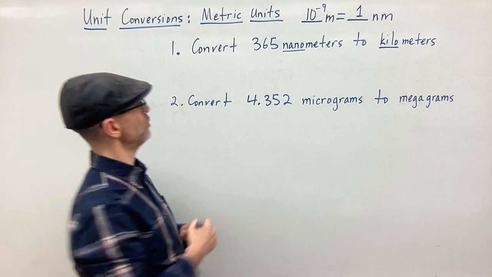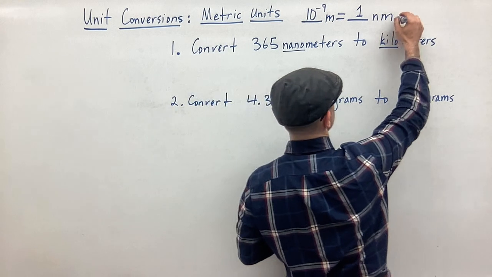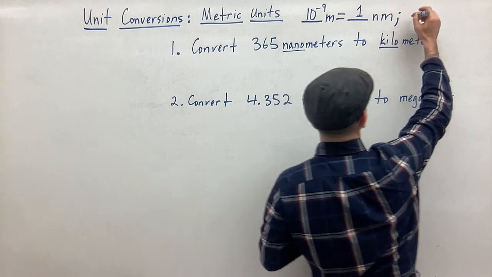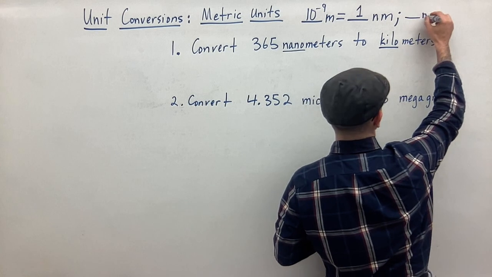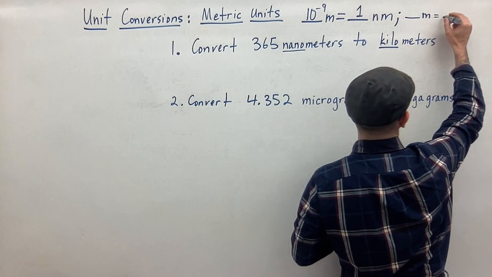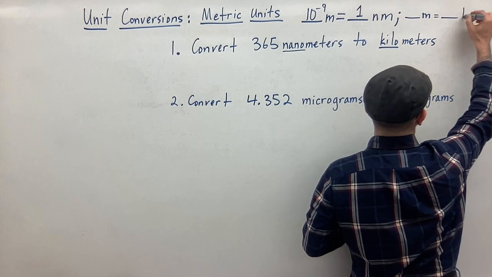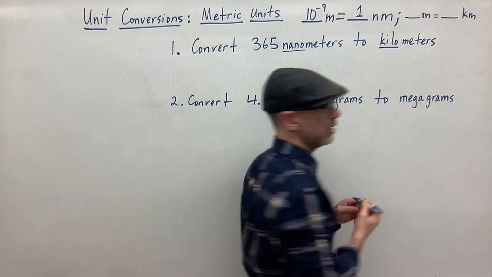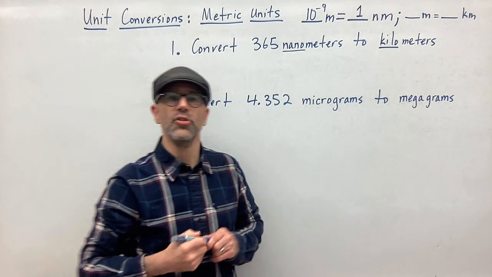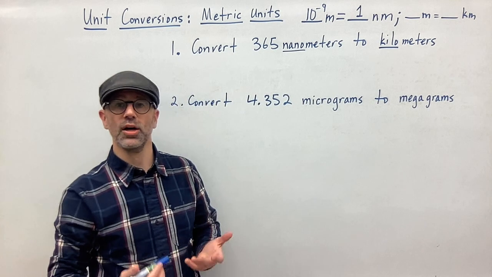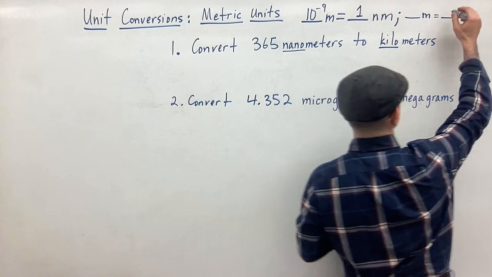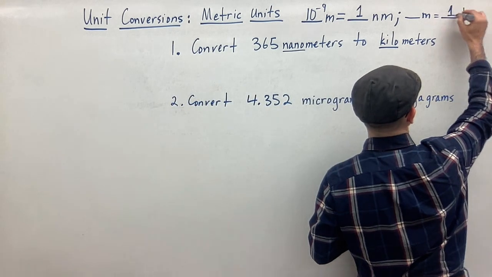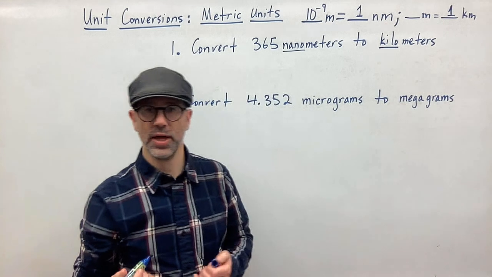Let's do the same thing with kilo. I have a certain number of meters is equal to a certain number of kilometers. Once again, I put the 1 with the prefix unit. So kilo is the prefix, so I put a 1 there.